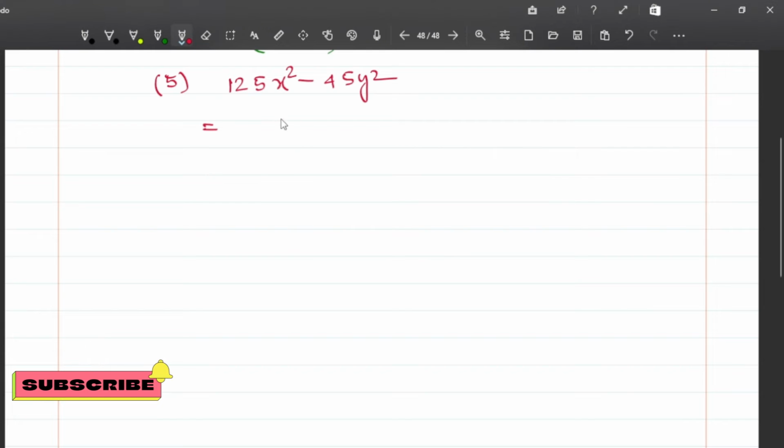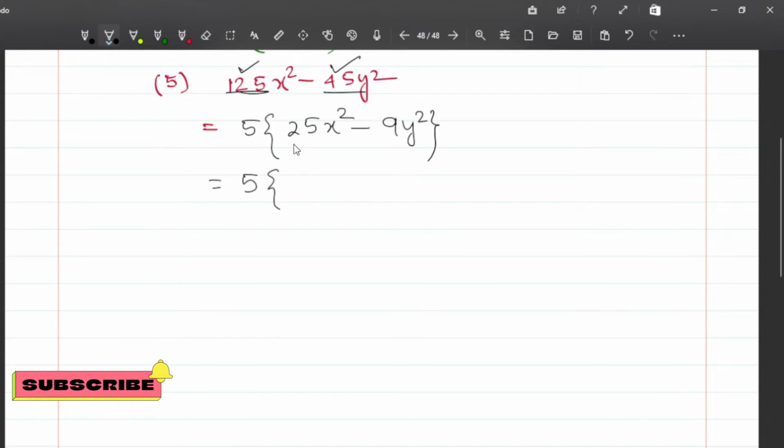Let's do sum number 5. So here we can take common 5 from both 125 and 45. So here we get 25x square and 9y square.